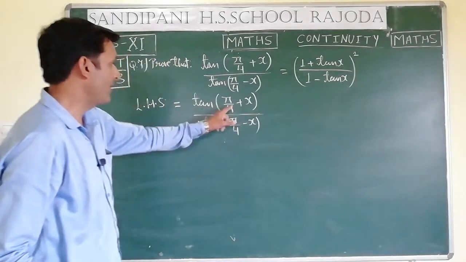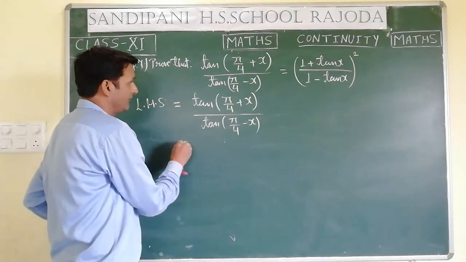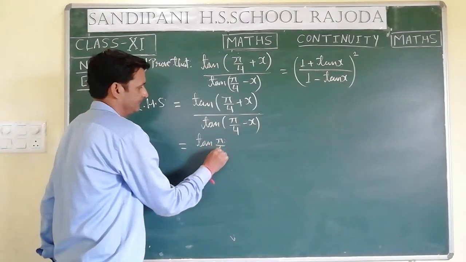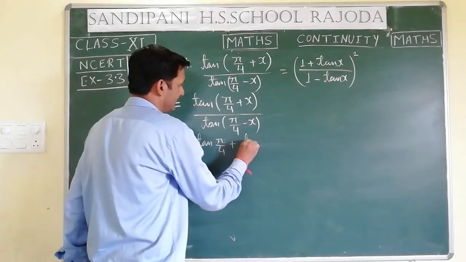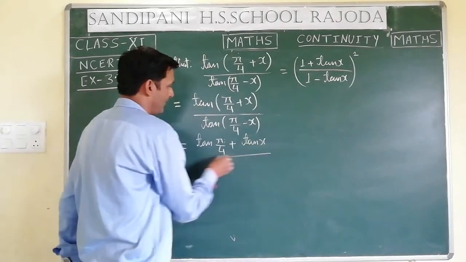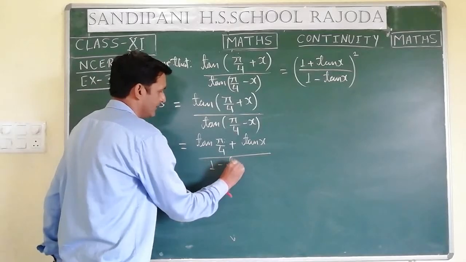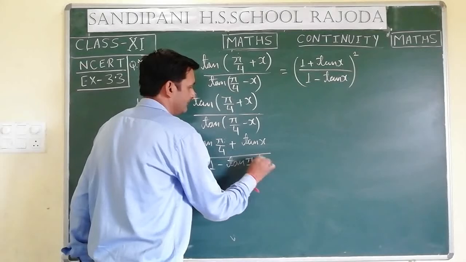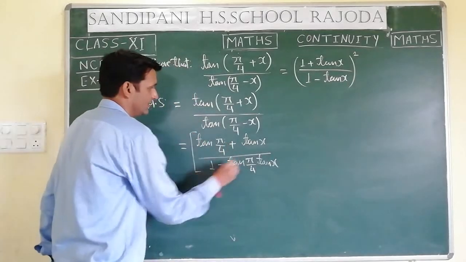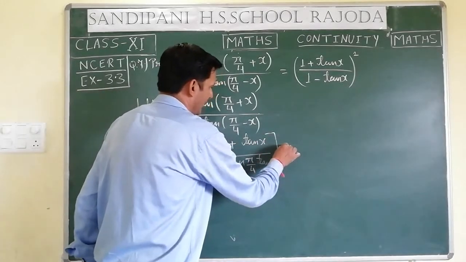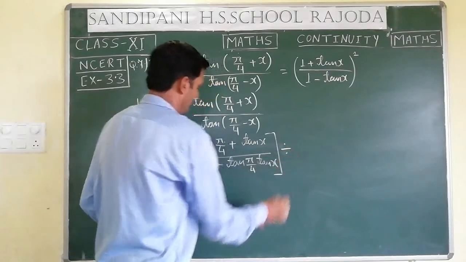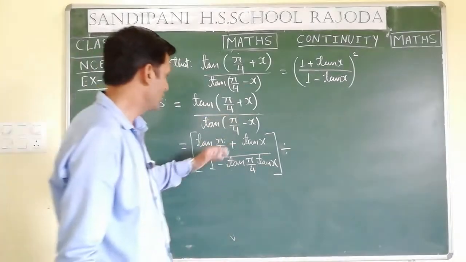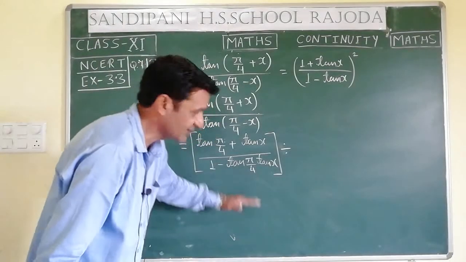We may apply here the tan A plus B formula. So tan A plus tan B upon 1 minus tan A tan B. If we make a division sign, then it will be appropriate because this step will become very big.